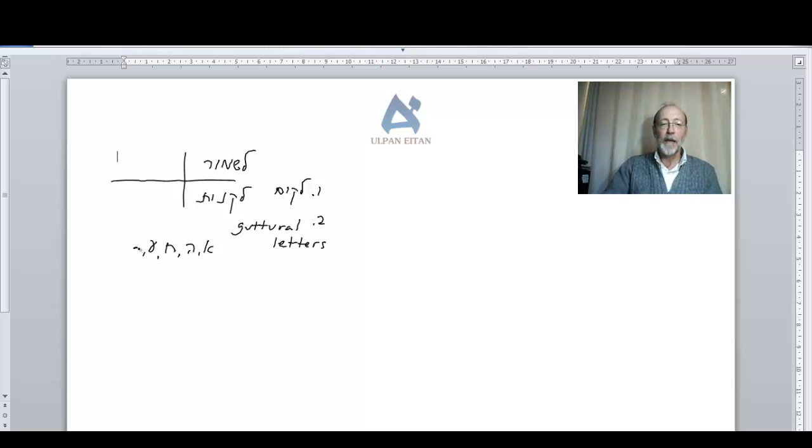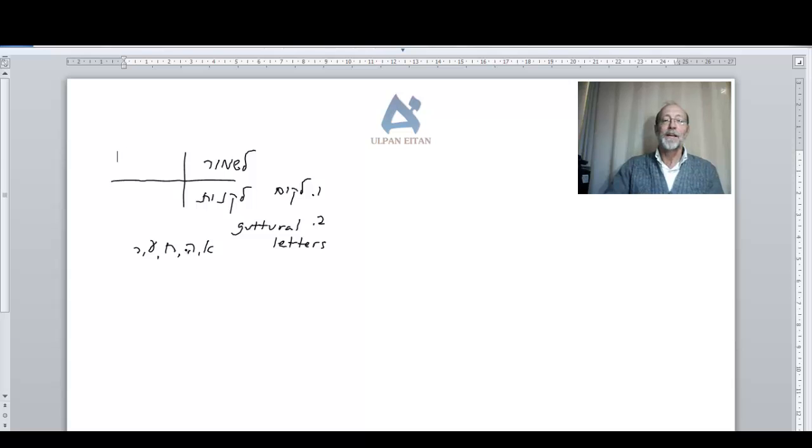And I'm going to write a little tiny resh down there because, from the perspective of many of the famous grammarians of the Hebrew language, it's not really a guttural letter, despite the fact that in modern day Israel people pronounce resh in the throat. But that's what the concept of the guttural letter is. It's those letters whose origin is, so to speak, in the throat, and it's the way Hebrew was designed and meant to be used.